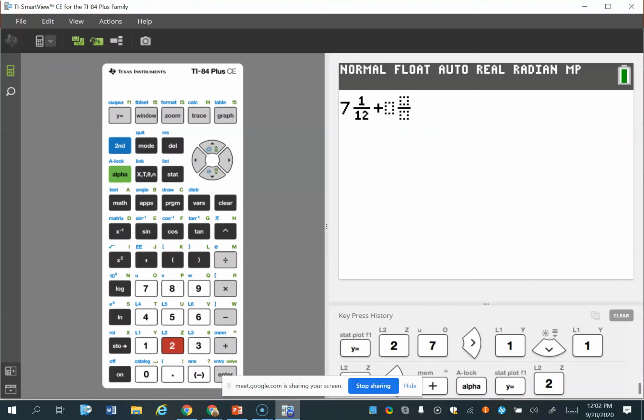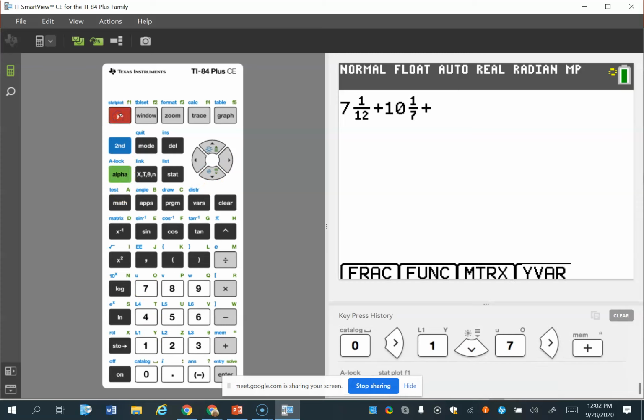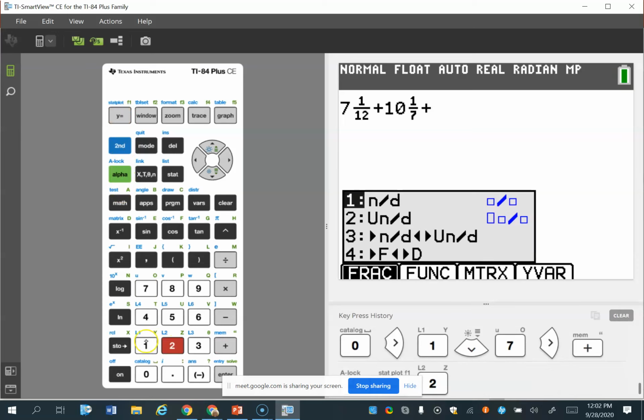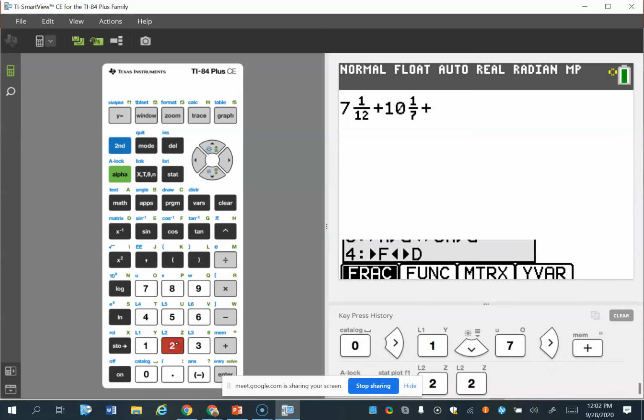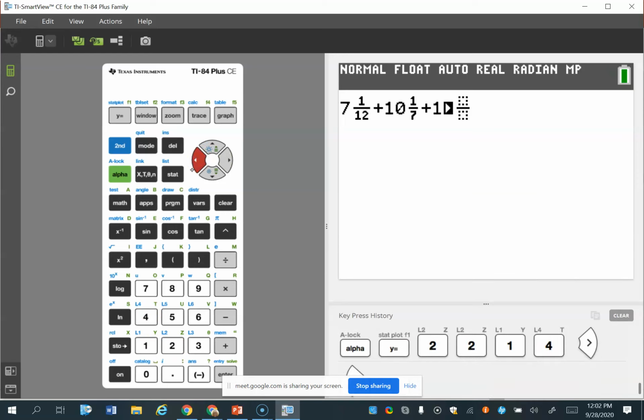And we have 10 1/7. And then last, we have 14 1/21.